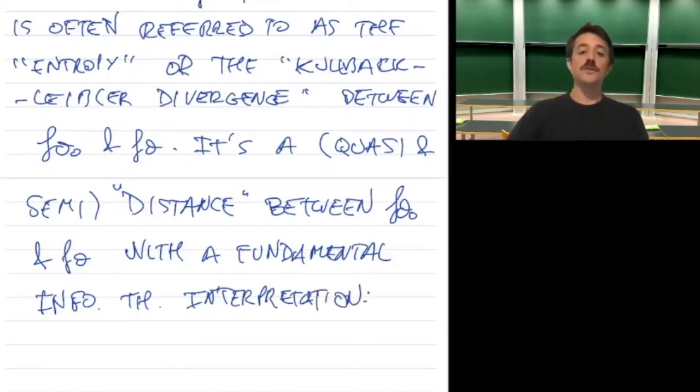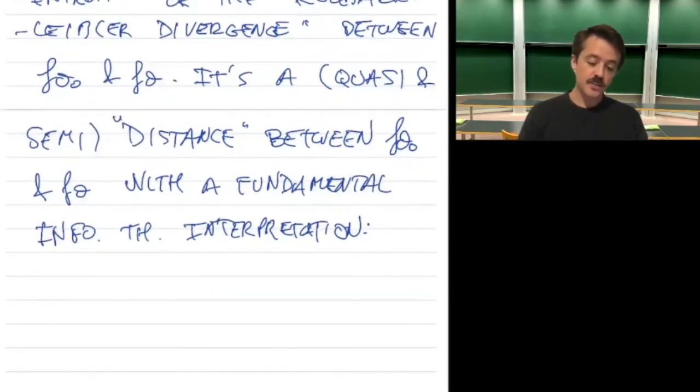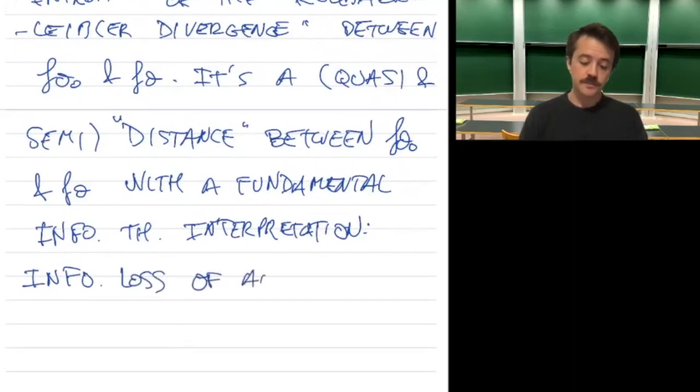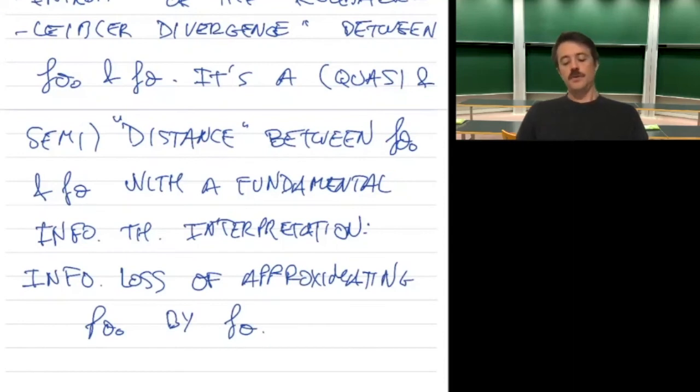This KL divergence is the information loss of approximating f theta naught by f theta. Okay.